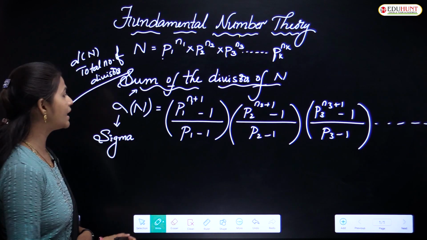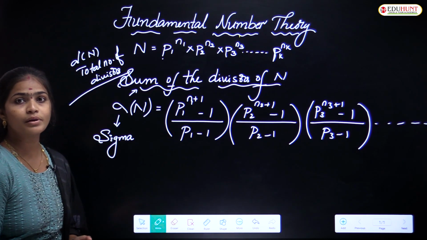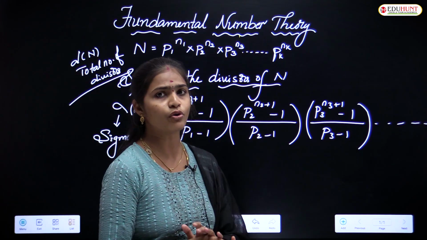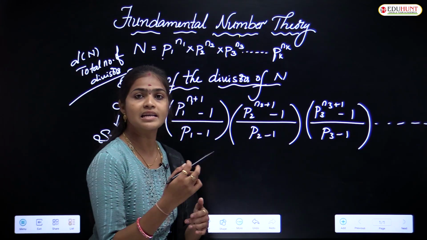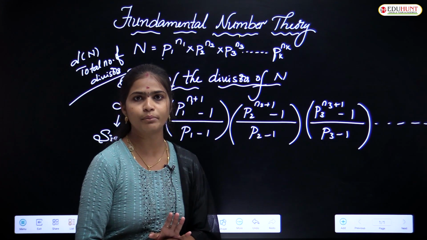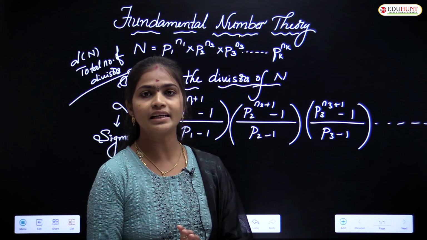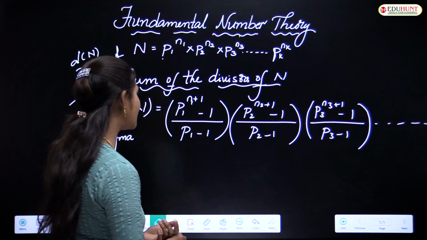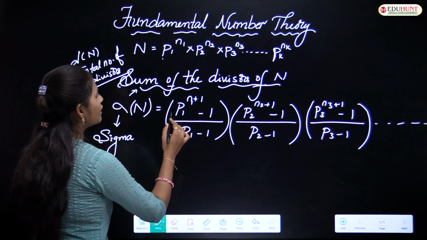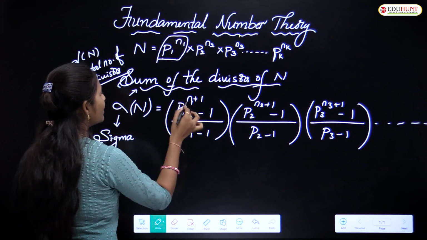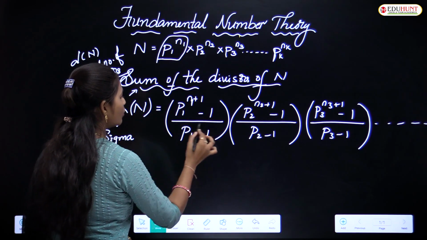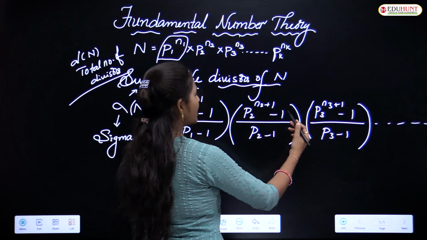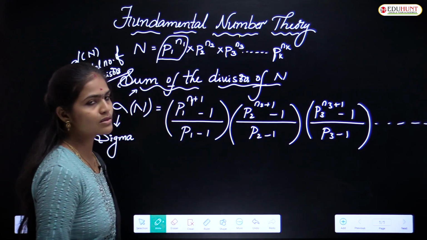First, whether you want the number of divisors, even divisors, odd divisors, sum of the divisors, or number of ways of expressing, you have to convert the given number into standard form using prime factorization. After that the formula is p1 power n1 plus 1 minus 1 whole by p1 minus 1 into p2 power n2 plus 1 minus 1 by p2 minus 1, and so on.